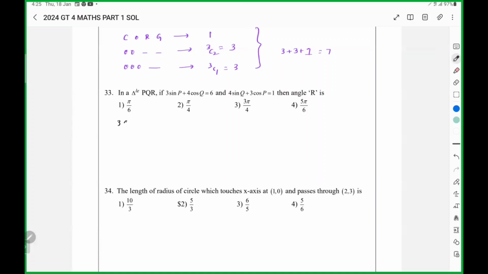Here 3 sin P plus 4 cos Q is 6. Say it as 1. 3 cos P plus 4 sin Q is equal to... squaring and adding, we get 9 (sin square P plus cos square P).